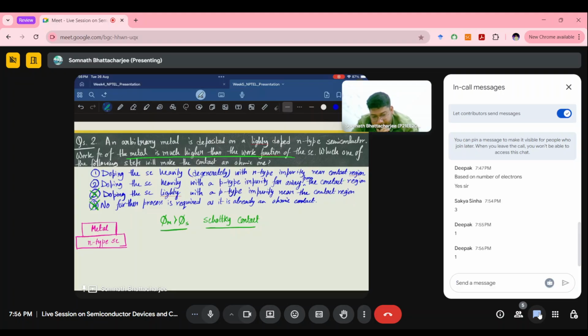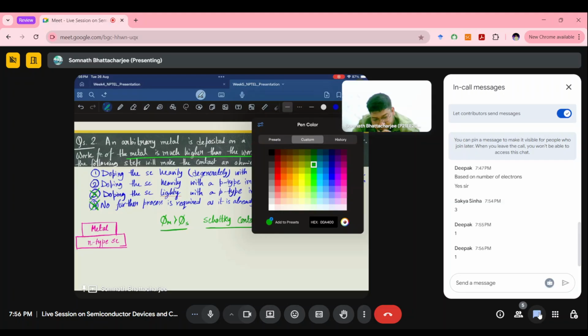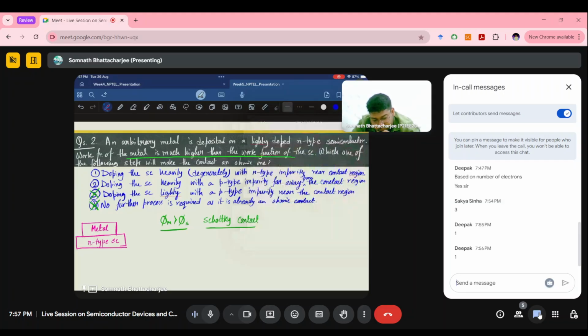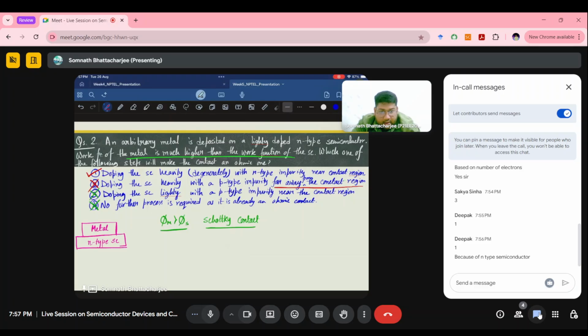Yes, the correct one is the first one, not the second one as well. If we are doping it far away from the contact region, it won't affect it.